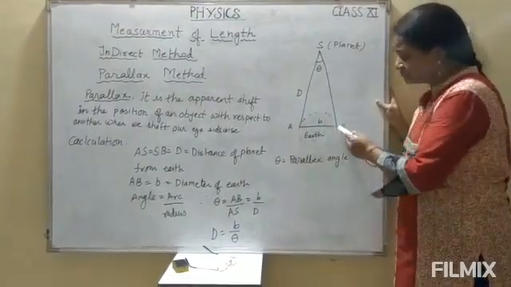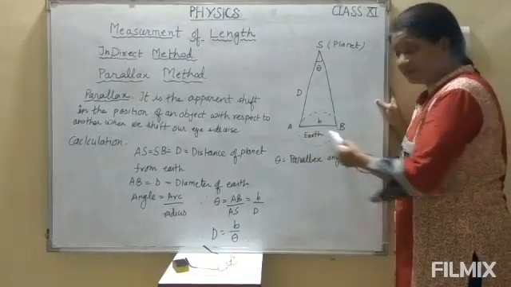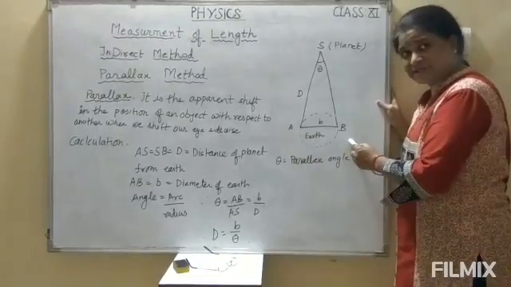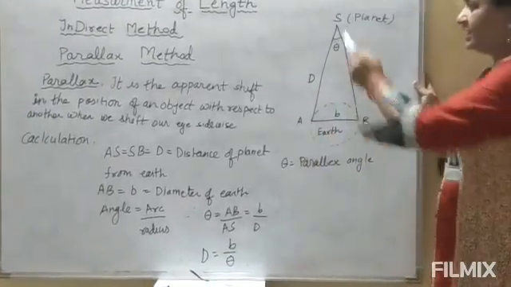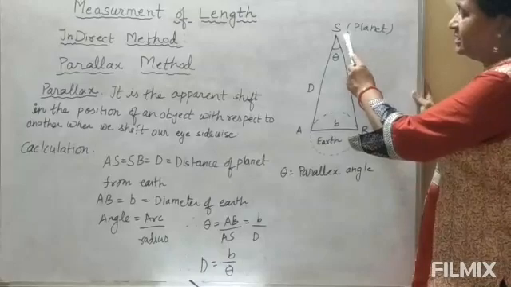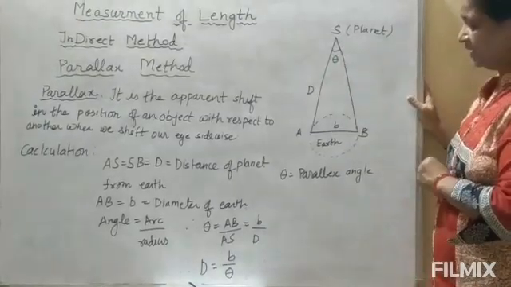Here we have taken two observatory points on the two opposite diameter of the earth, A and B, and here S we have considered the position of any planet.